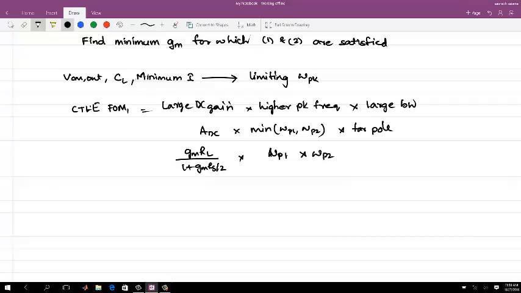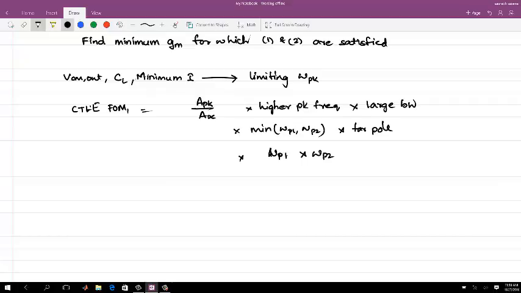Peaking gain, right? So in place of the DC gain, you have A peak by A DC, which is the maximum loss compensation you can achieve.